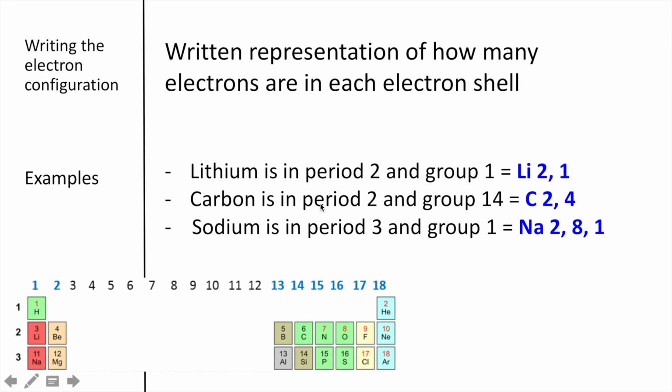For carbon, it would be C 2, 4, saying that there were 2 electrons in the first shell and 4 electrons in the valence electron shell. And again, sodium is Na 2, 8, 1, which says that there are 2 electrons in the first shell, 8 electrons in the second shell, and 1 electron in the valence electron shell.